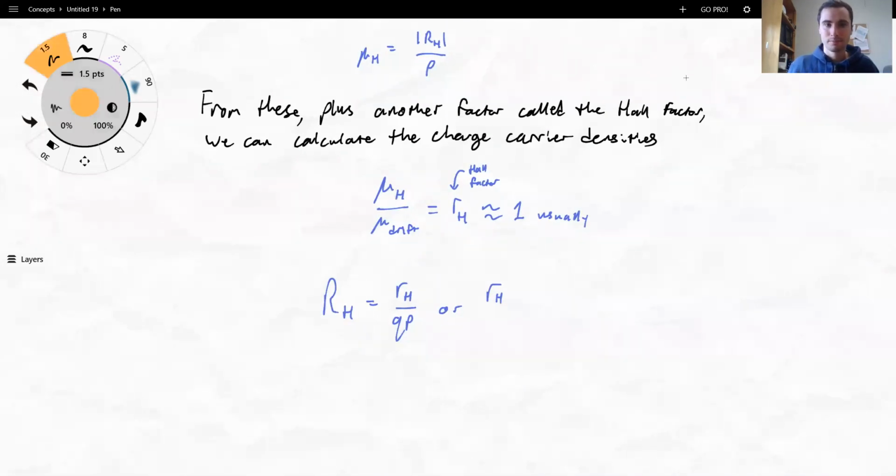And from there, you can get the concentrations of your carriers.